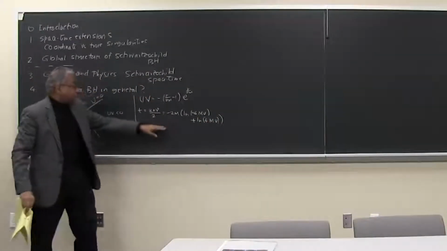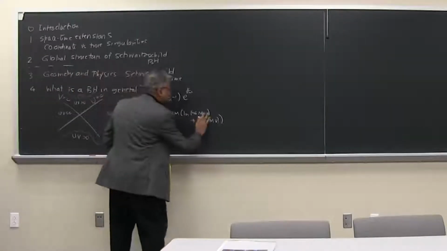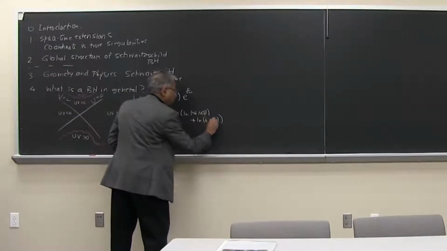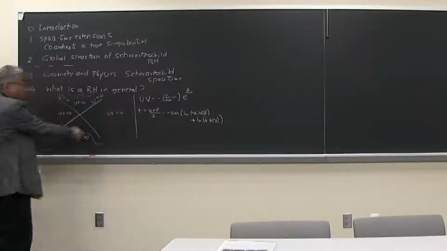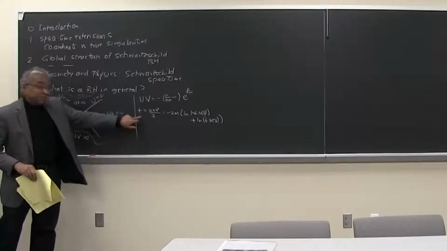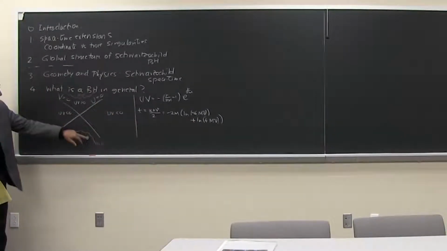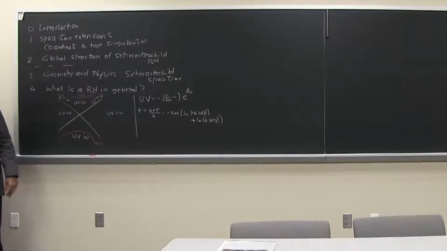And so you can see here clearly when u equal to 0, or when v equal to 0, t blows up, t becomes infinite up here. Right? So we see that there is a problem up here, which is what I was saying before.